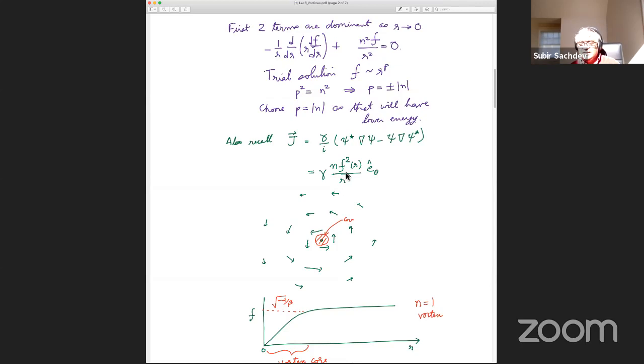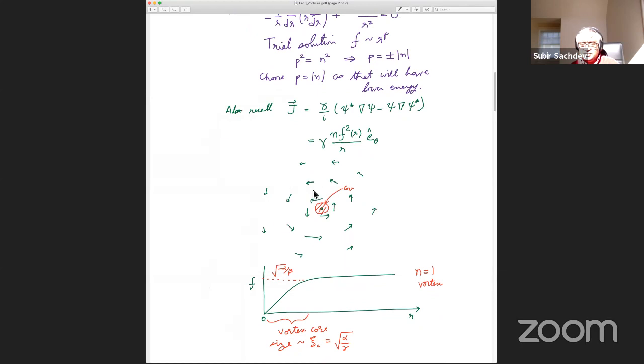But it also decays as r goes to 0, because f of r vanishes as r goes to 0. So here's kind of the picture. There's a region we call the core of the vortex, where the function f, or the amplitude of this order parameter, goes to 0. For n equals 1 vortex, it will just go linearly to 0.